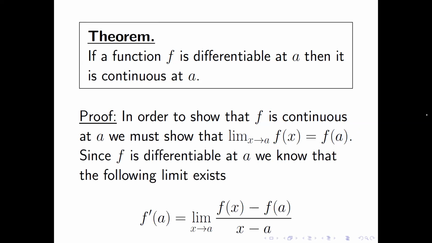And now we know that the function is differentiable. We know what differentiable means. From our formal definition, it means that f prime of a is equal to the limit of f of x minus f of a over x minus a.